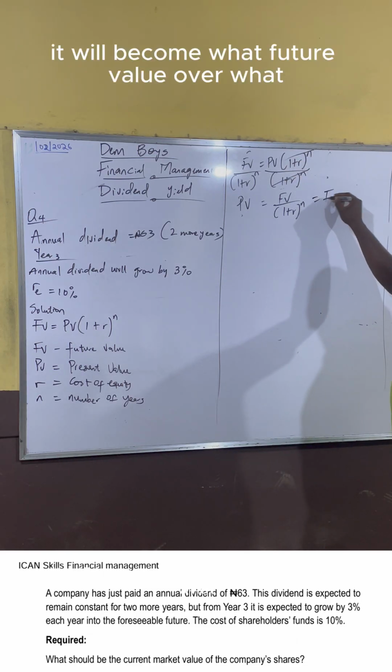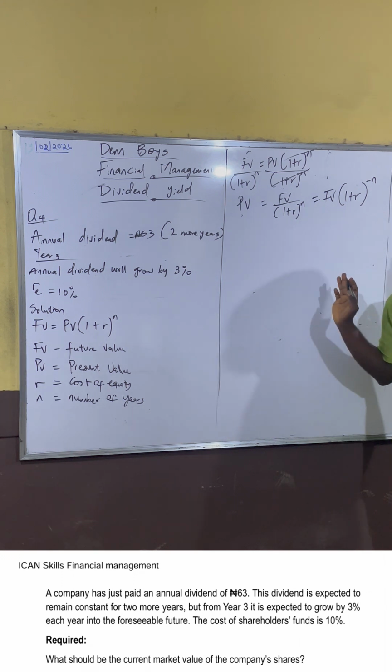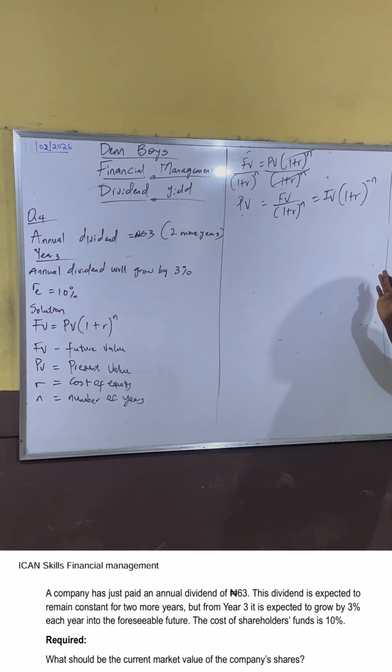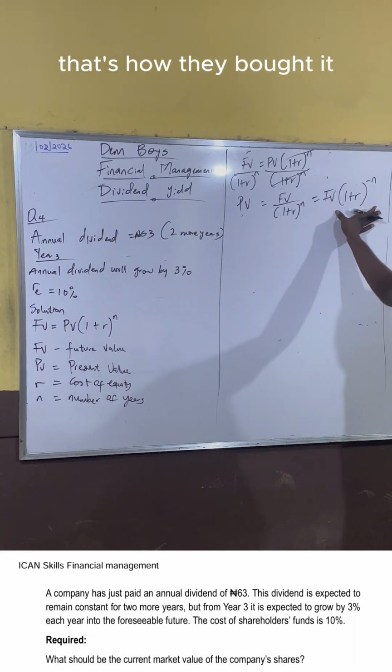It will become future value times 1 plus R raised to power minus N. So that's how they got this formula.